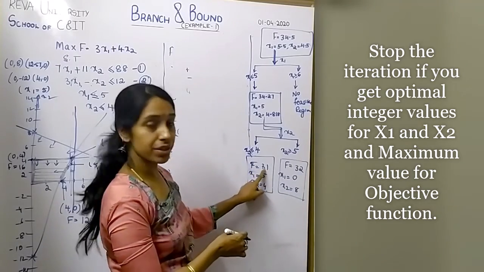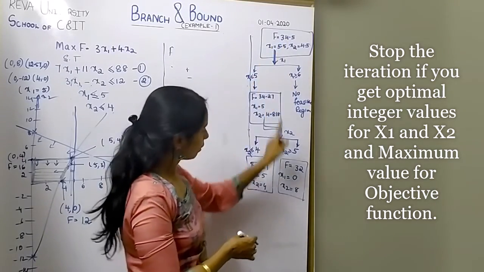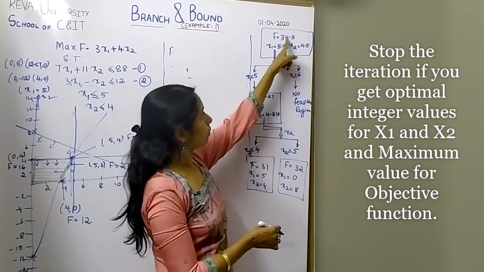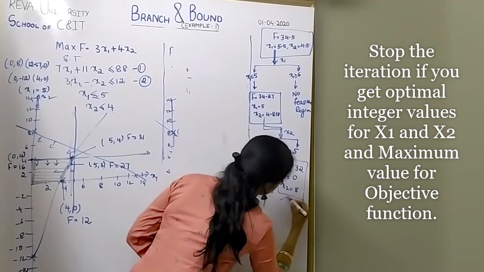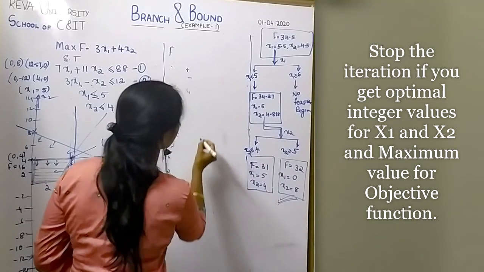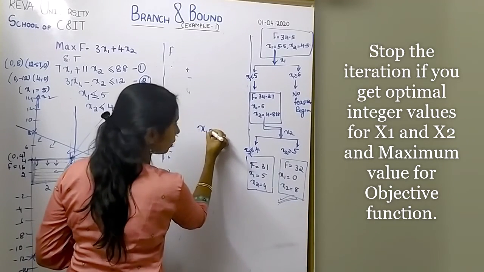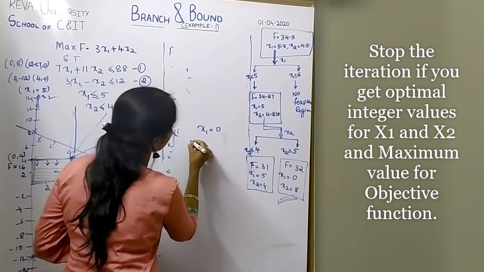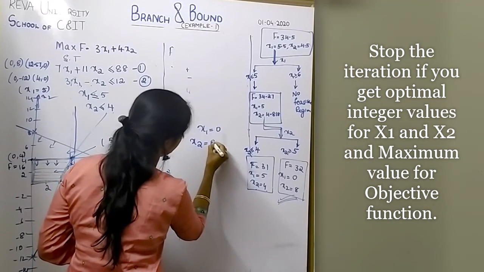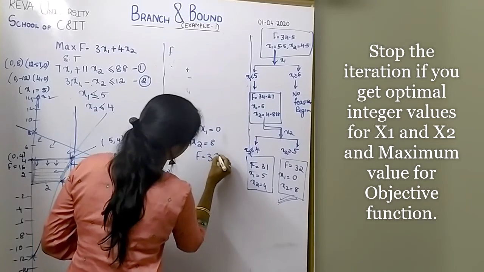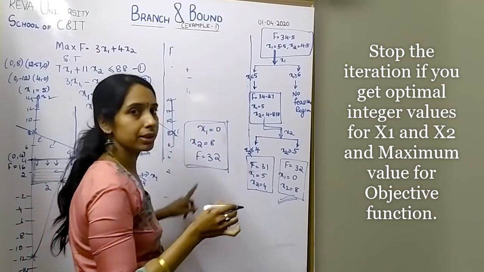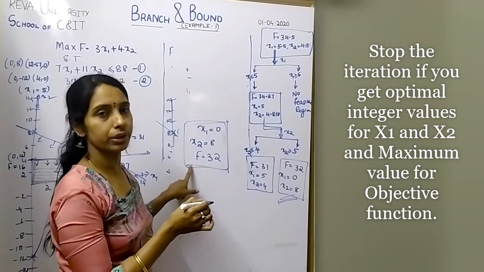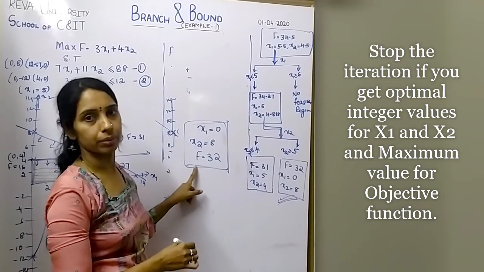Here your objective function is 31, and here f is equal to 32. Both are integers, so we can consider this as our final answer: x1 is equal to 0, x2 is equal to 8, f is equal to 32, which is the best optimal solution for this particular problem.